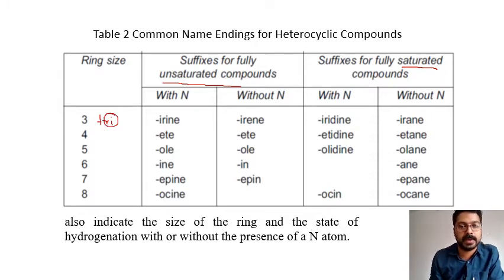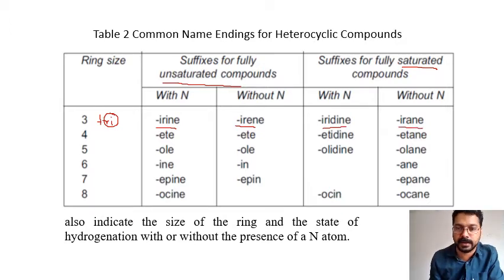The name ending for the unsaturated compound with nitrogen is irine, without nitrogen is irene, and for the saturated compound with nitrogen is iridine, and without nitrogen is irane.